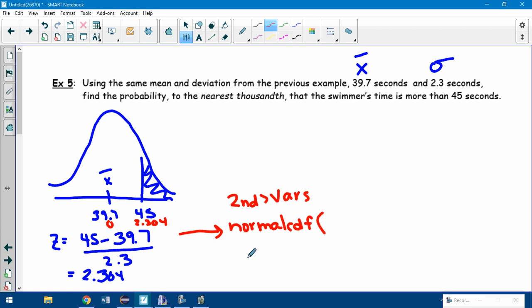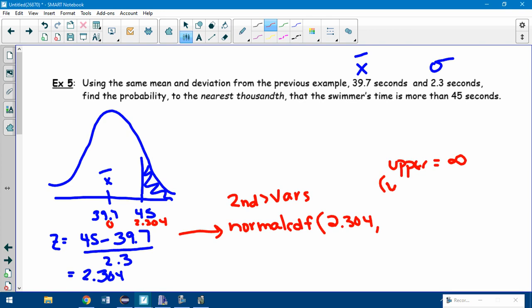My lower value is 2.304. But for the upper value, I want to go right forever. So what's forever in math? Infinity. So technically, the upper z-score is infinity, but I can't type in infinity.